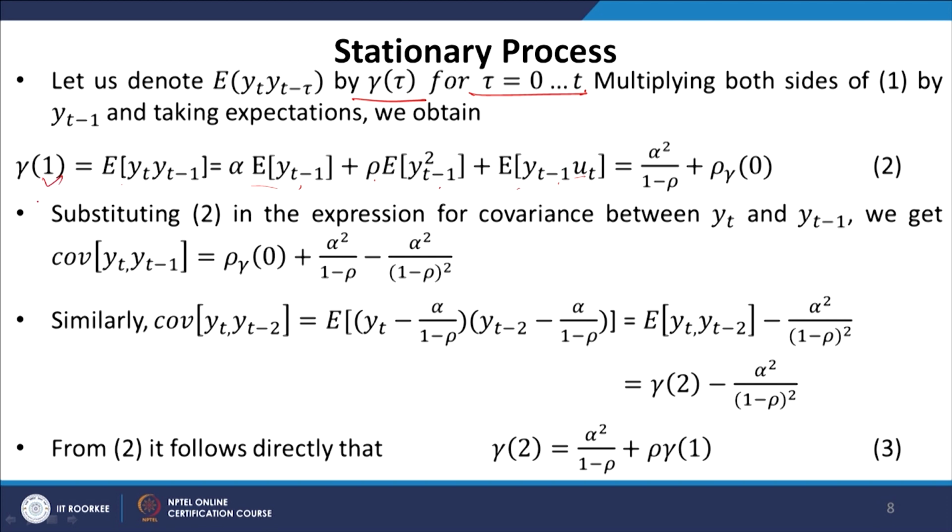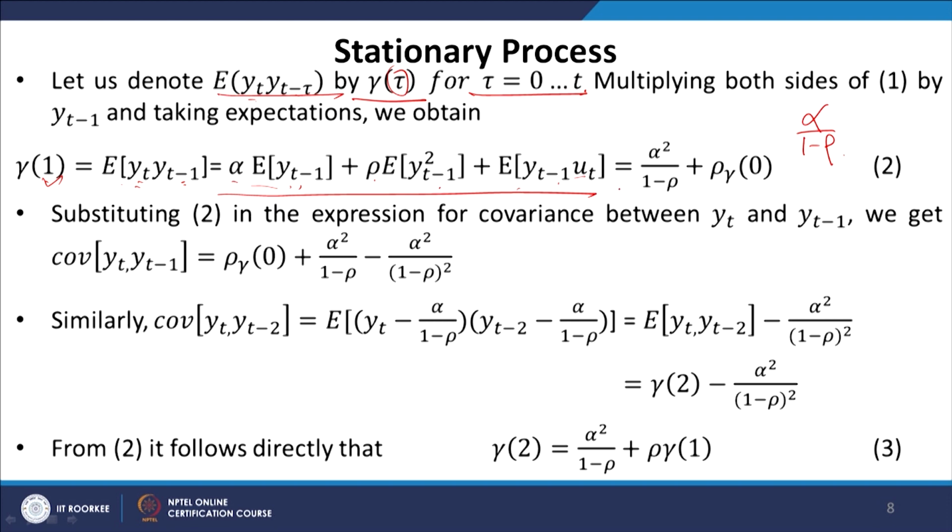So, first of all, I have gamma 1 here, because you can see that expected value of yt minus tau is gamma tau. So, tau actually is the difference between the two time periods. Here the difference between the two time periods is 1. So, I am having gamma 1. Now, gamma 1 would be equal to this expression. Now, we can see that expected value of yt minus 1 is alpha upon 1 minus rho.